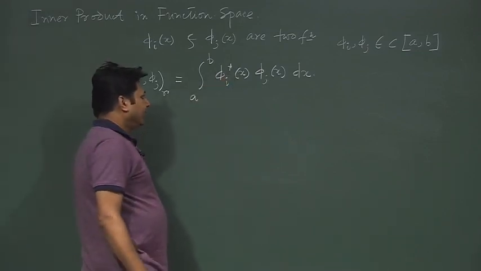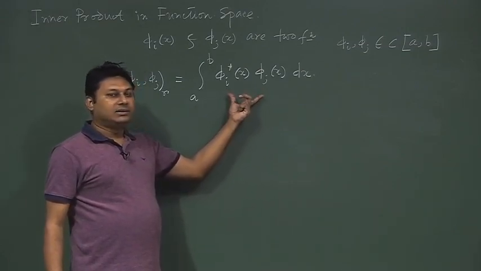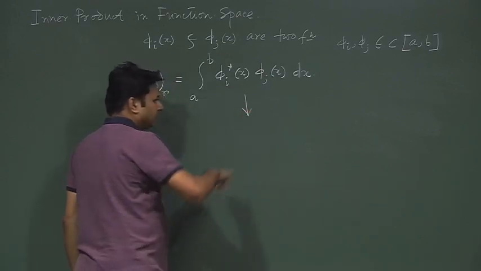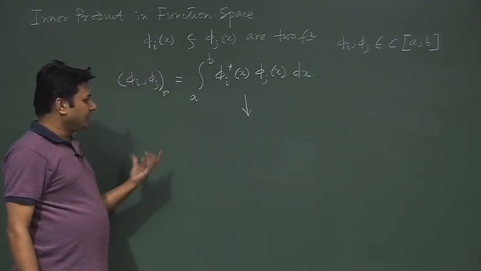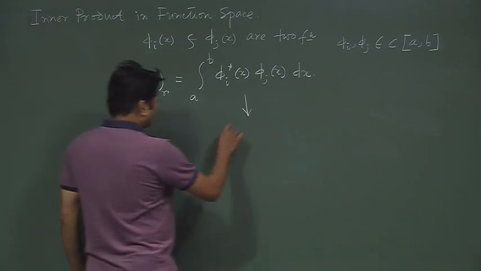That is one issue. Second thing, you can note that this integration gives you some scalar. Whenever you have a function, this is a variation, and when you integrate from some lower limit to some upper limit, it is converted to a scalar.